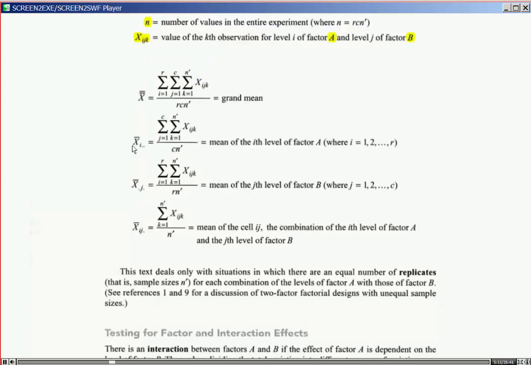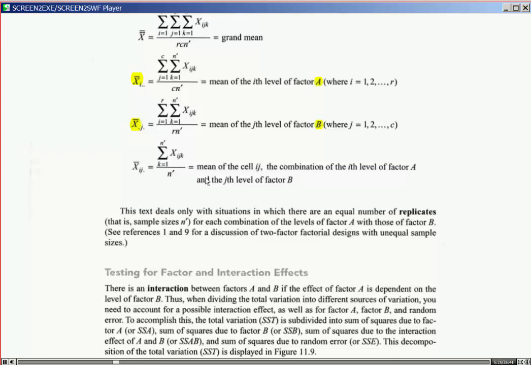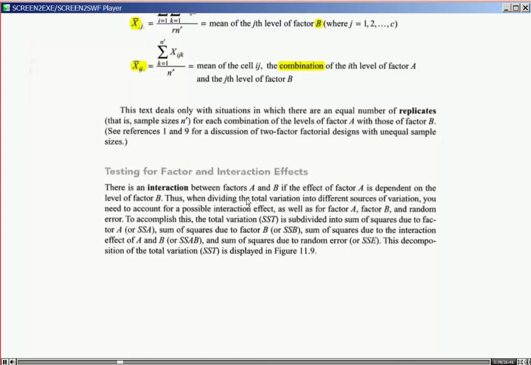The mean of the ith level of factor A, and another mean of the jth level of factor B. And here we go, the mean of the cell ij, the combination of the ith level of factor A, let's highlight both of these, and the jth level of factor B.